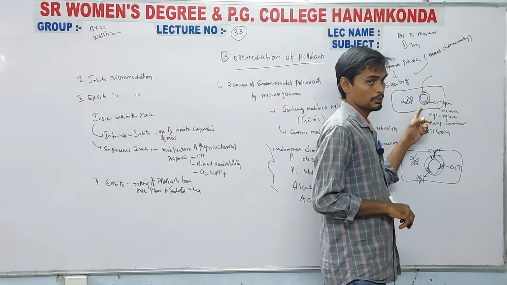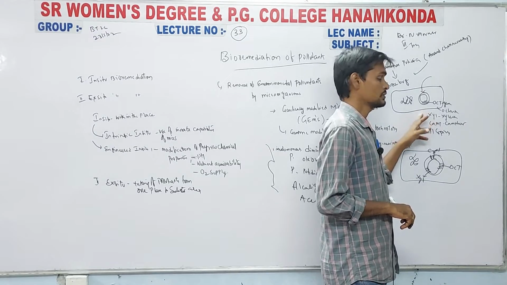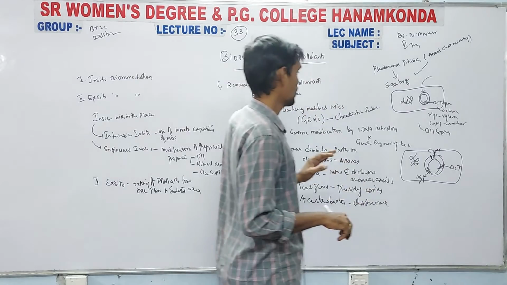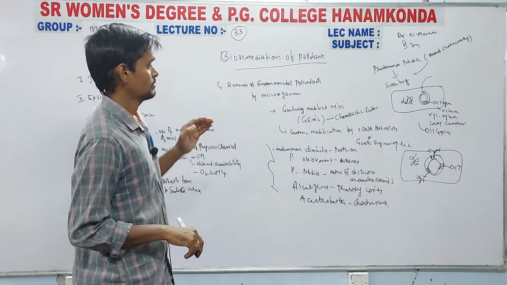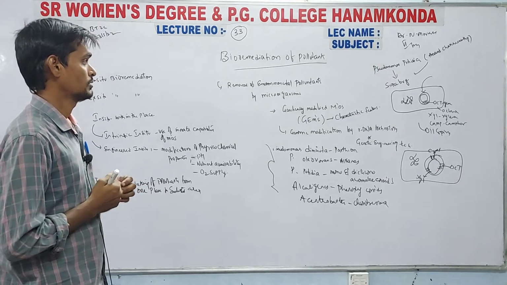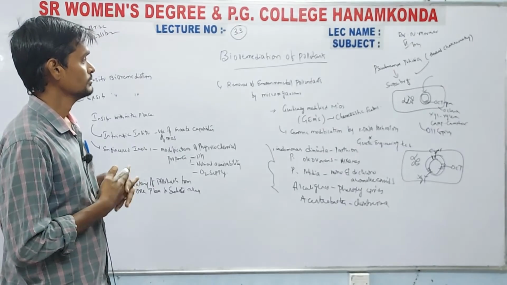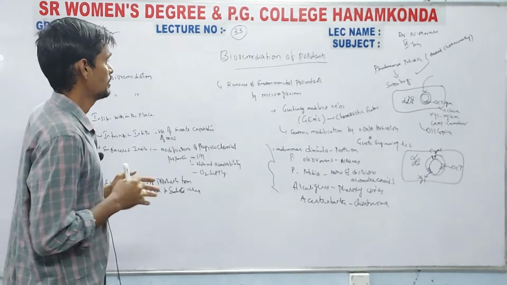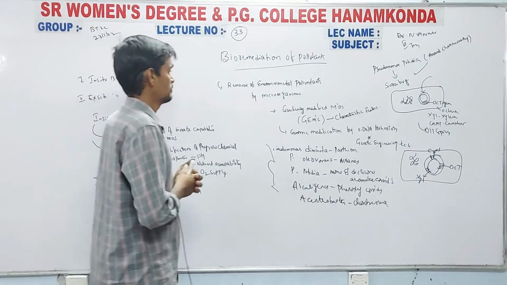We can adopt any of these methods, either using a single specific gene or a combination of specific genes, through rDNA technology or genetic engineering technology. So this is all about bioremediation of pollutants.